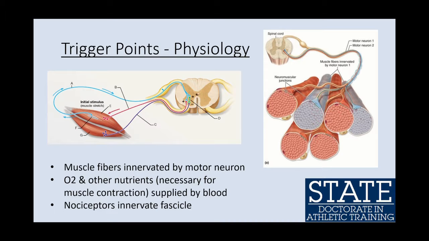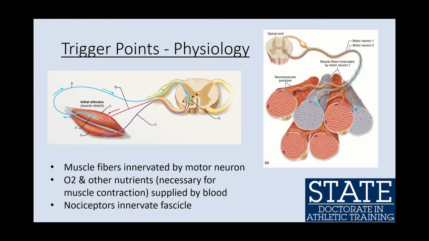To begin, let's look at the simple model of these two pictures of the muscle fascicle. The second picture to the right is a zoomed in view of the first picture. Here there are a few muscle fibers, and each of these fibers is innervated by a motor neuron.